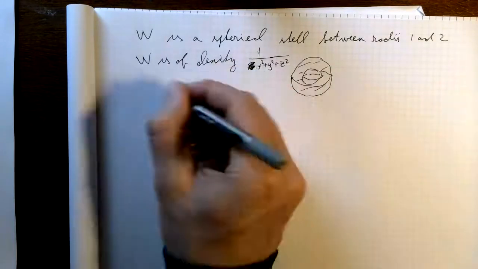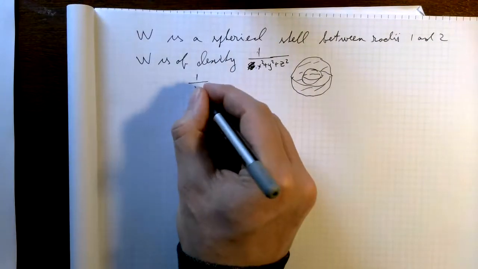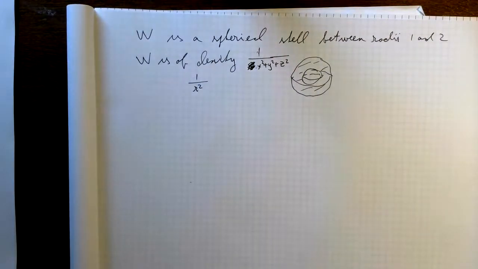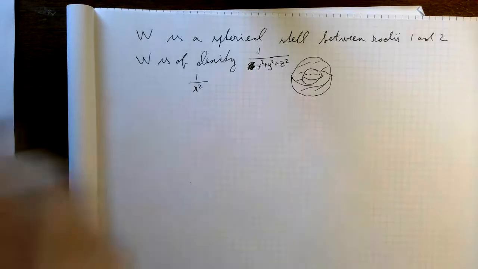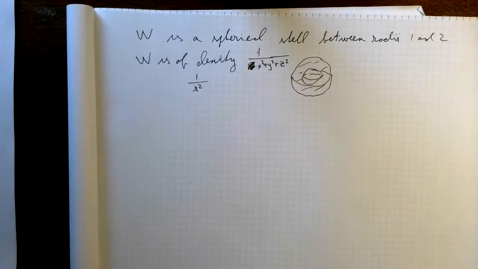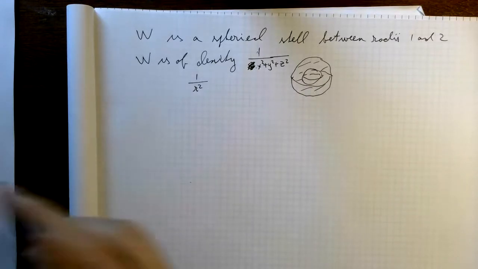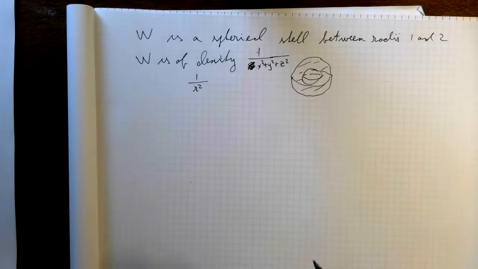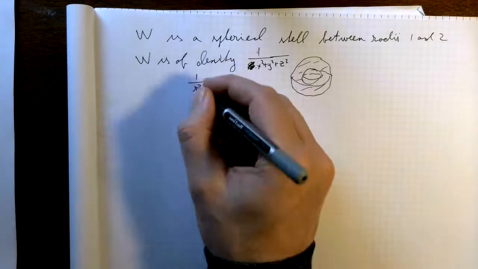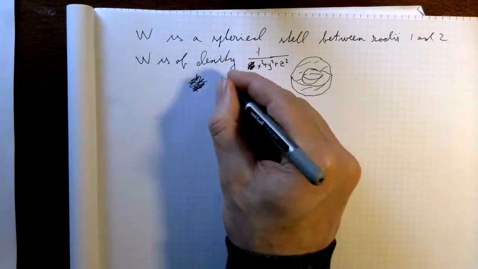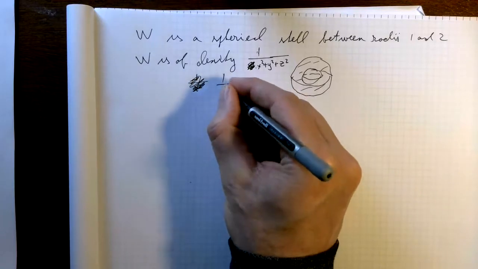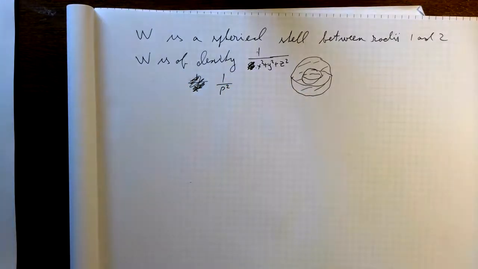Which is really 1 over rho squared, where rho is the distance from the origin. Sorry, I think I called it rho last time. Sometimes it's called r. So, rho.